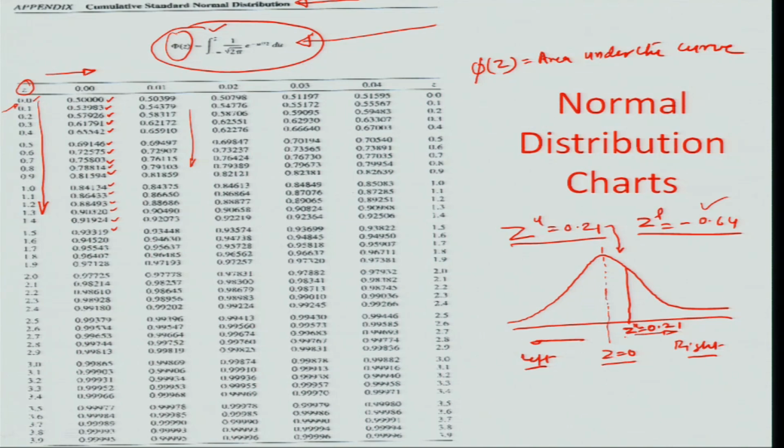The area under the curve, or the phi, the cumulative distribution function of zu, is the area towards the left of this line at z equal to 0.21. So the area under the curve up to z equal to 0.21 is what we are calculating as the cumulative distribution, the integral function of zu, which is subsequently calculated as these numerical values recorded in the table.